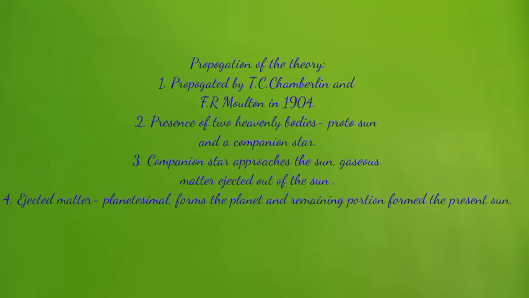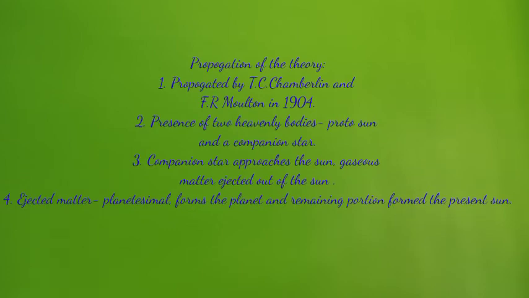So in a very similar manner, because of the attraction caused by the companion star towards the proto-sun, a certain amount of the gaseous matter started coming out of the proto-sun. And this very ejected matter, which came out of the proto-sun, was termed planetesimal by Chamberlain and Moulton. And hence, the theory has been named the planetesimal hypothesis.